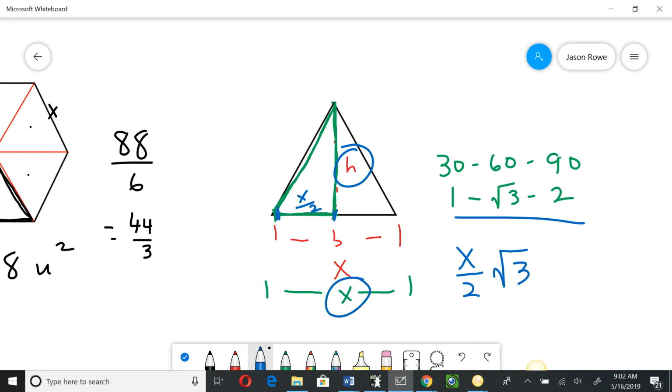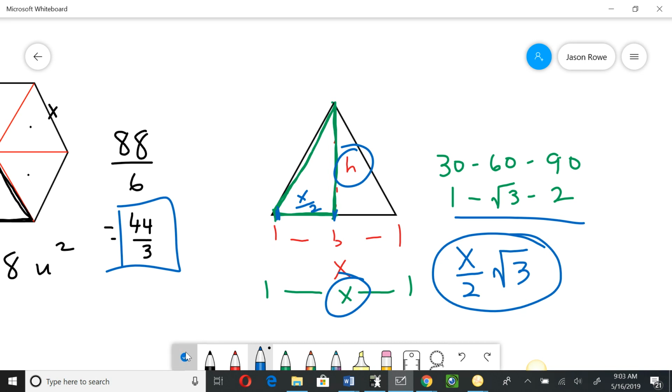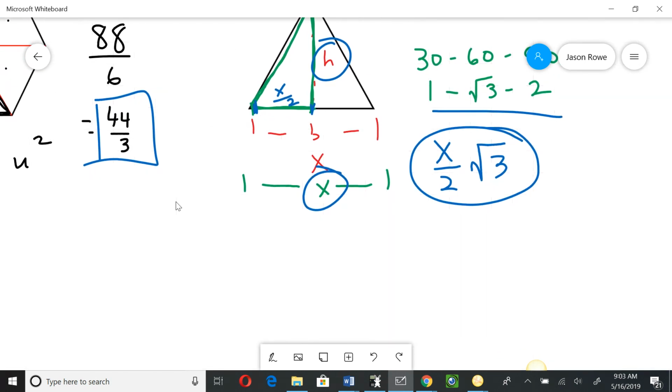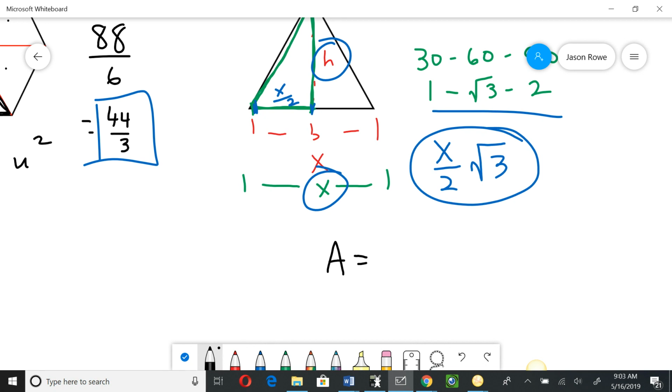So we've got a base, and we now have a height. Now we have enough information to figure out what x is. So how in the world are we going to do all of that? We're going to fill into the formula. We know the area of a triangle is 1/2 the base times the height.